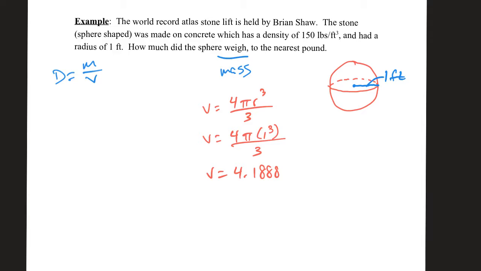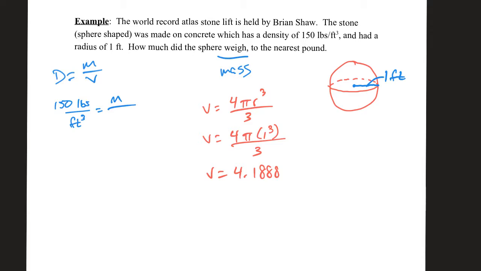They gave us the density, so let's just plug in and find our mass. Our density is 150 pounds per cubic foot, equals our mass, which we want to find, over the volume.